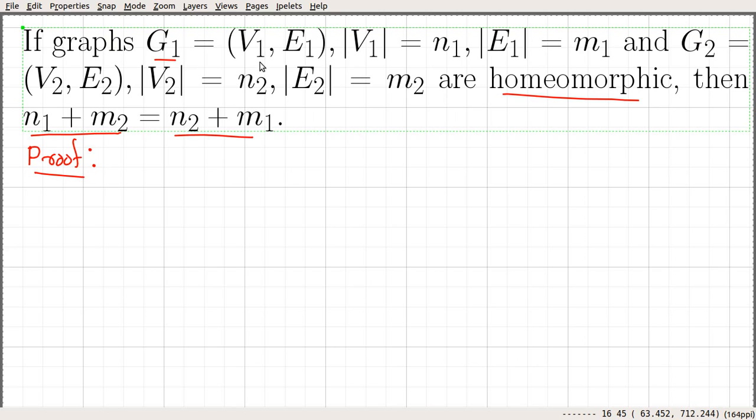So let's go and prove this statement. We are given that G1 and G2 are homeomorphic.